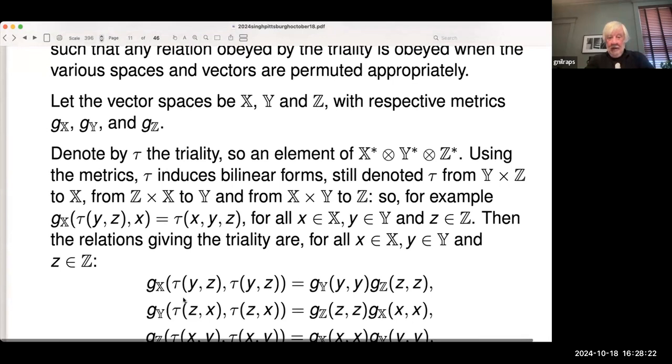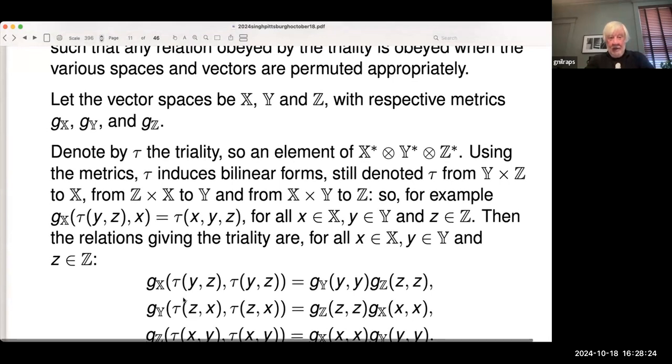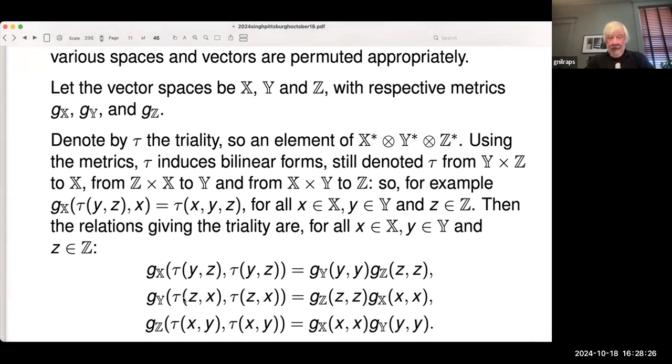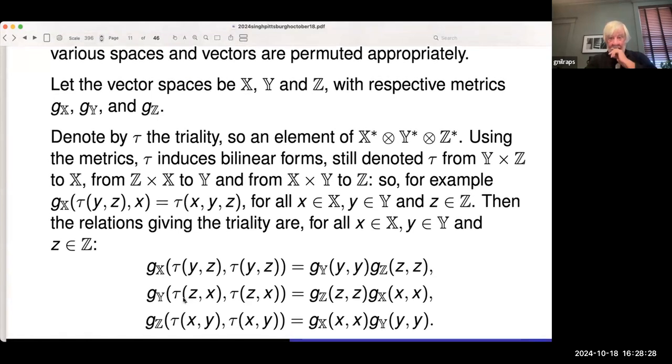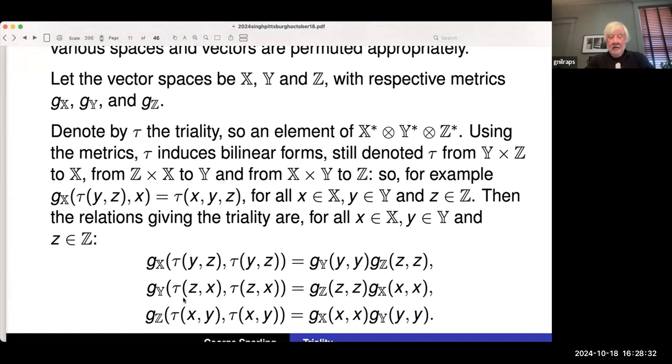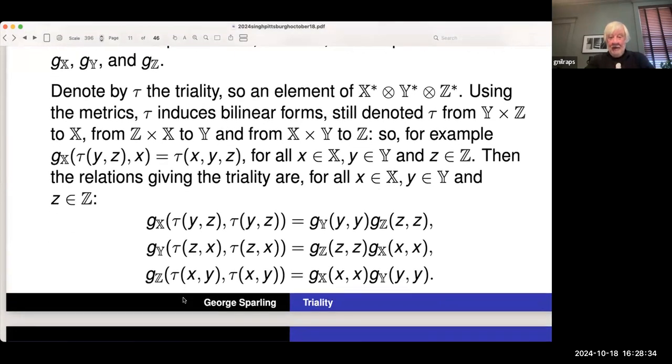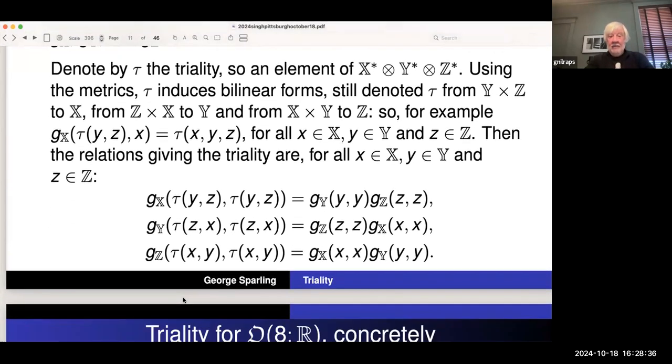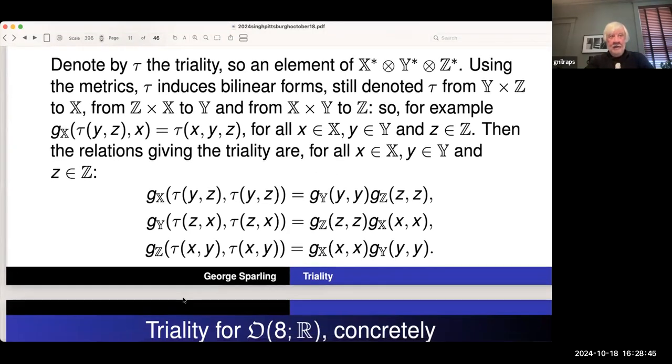You can use it to get out of it bilinear forms with values in either one or the other space. So the Tor YZ that I have at the bottom of the page here is understood to be in X, and Tor ZX is in Y, and Tor XY is in Z, and so on.